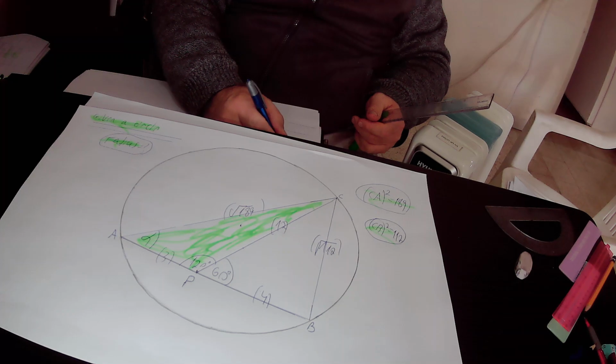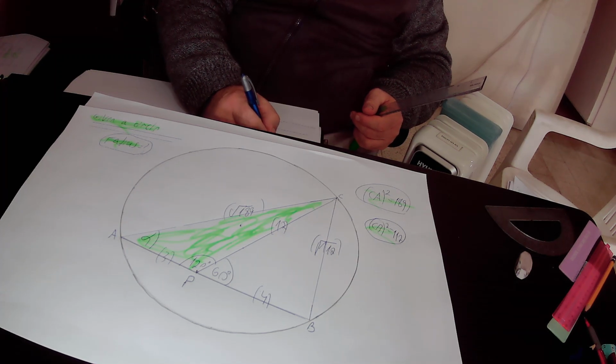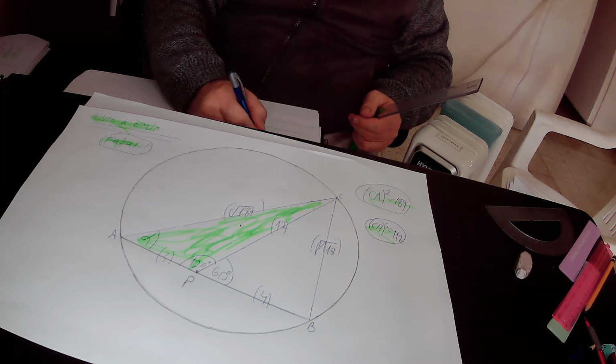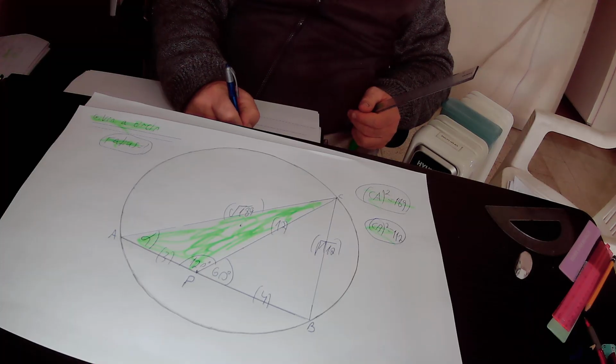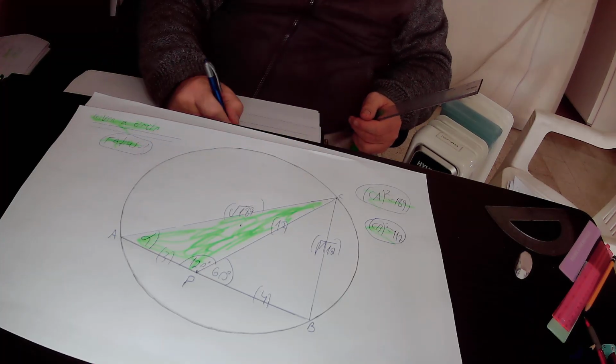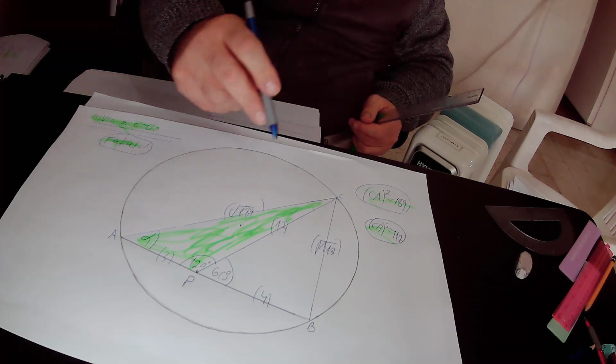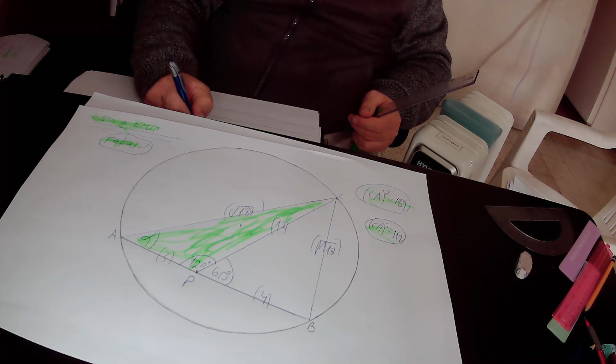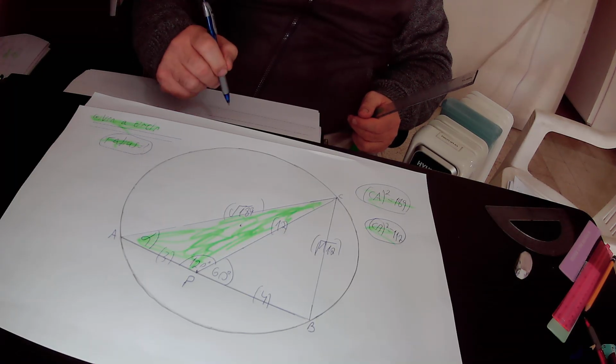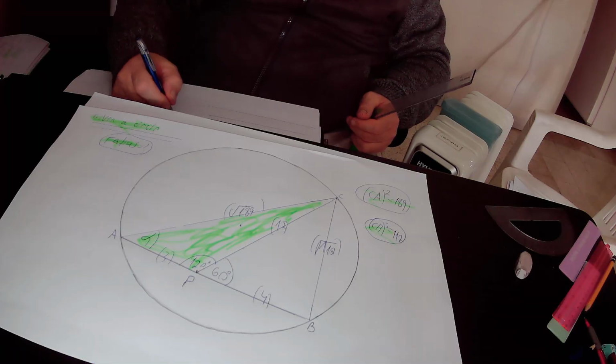CB square equals CA square plus AB square minus 2 times CA times AB times cosine alpha.